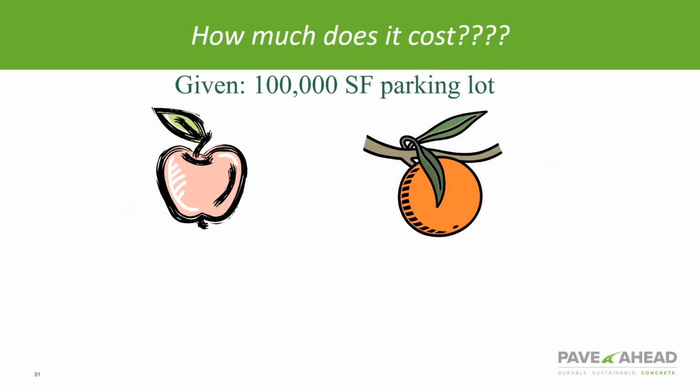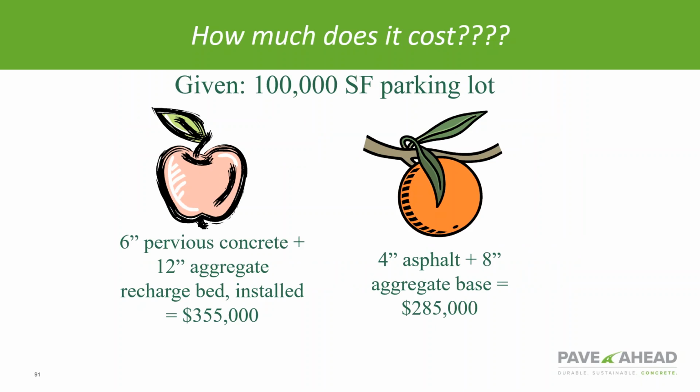If I take a simple example of this parking lot, 100,000 square feet, and I only look at the pavement price, I compare the concrete, 6 inches of concrete over 12 inches of an aggregate base, compared to the asphalt design, and stop right there, I'll say, well, my concrete costs too much. Why would I ever use it? Remember, this is a system. So let's go from, instead of apples to oranges, let's get it to apples.